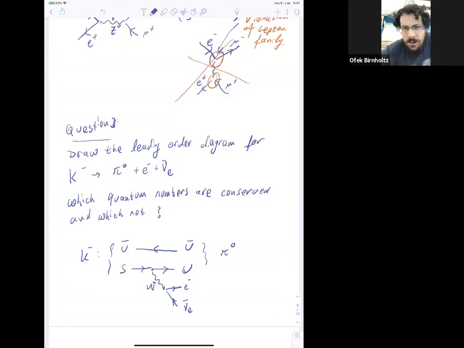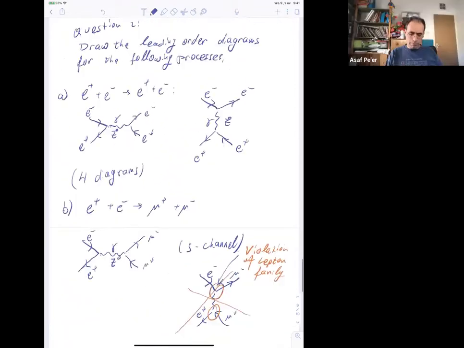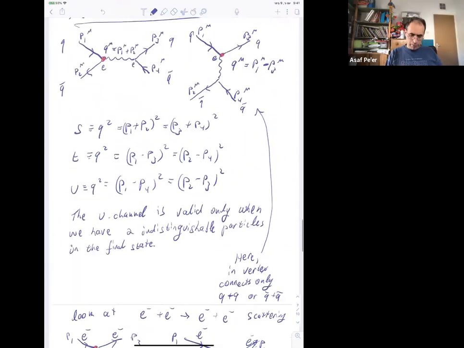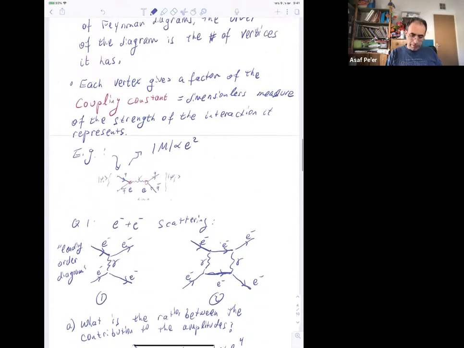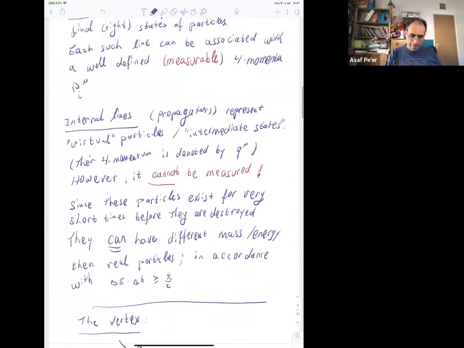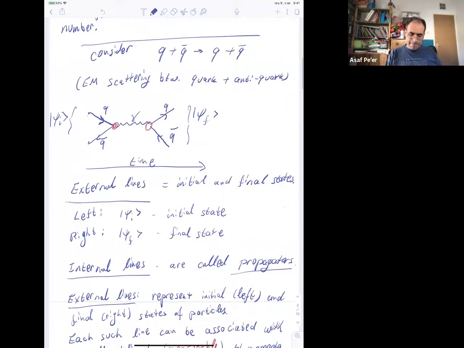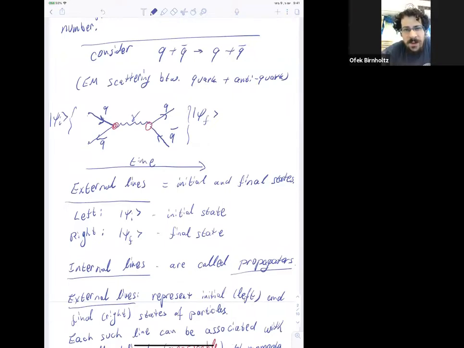Can you go back to the q q-bar scattering? Yeah. Why do you want to? You have several times here. Could you have a diagram like that with a Z boson?